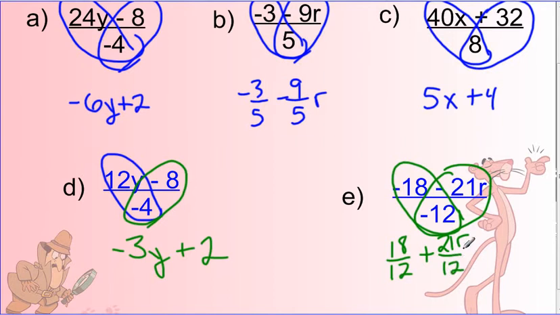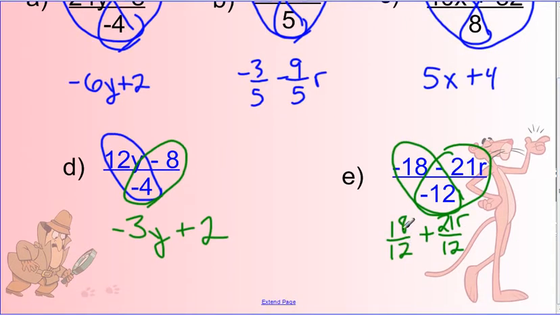Now, the only thing we could do to make this a little bit better is to simplify. Both of these numbers, this 18 and this 12, can be divided by 6. So why not do that? If we're trying to simplify, let's make it as simple as possible. So if we divide this by 6, we get 3/2.